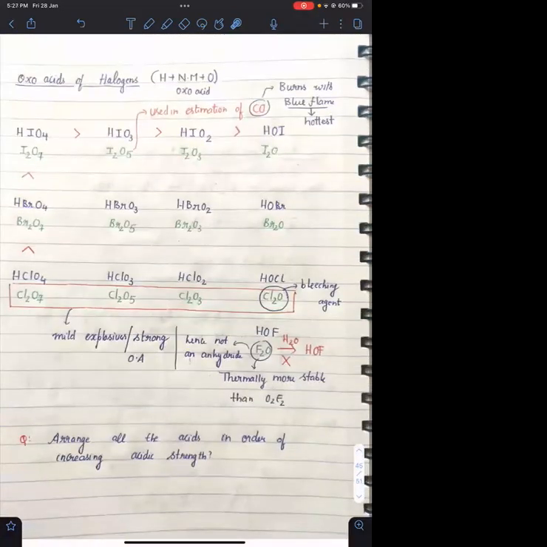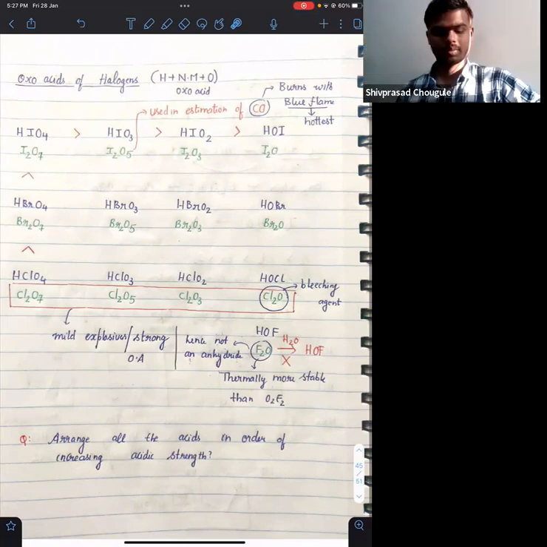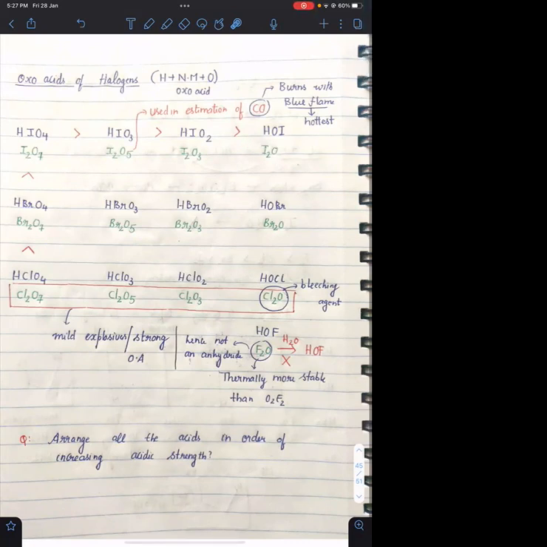Okay. Next, oxo acids of halogens. Apart from fluorine, rest all other are able to form hypohalous acid, halous acid, halic acid, and perhalic acid. So you have HOI or HIO, HIO2, HIO3, HIO4. यहाँ पे I'm writing the strength of the acids.